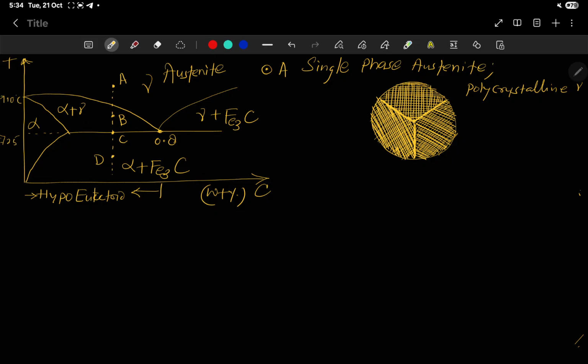You can see these crystals are oriented differently in different grains. So this is gamma austenite. These lines are grain boundaries, these are grains, these are grain boundaries.